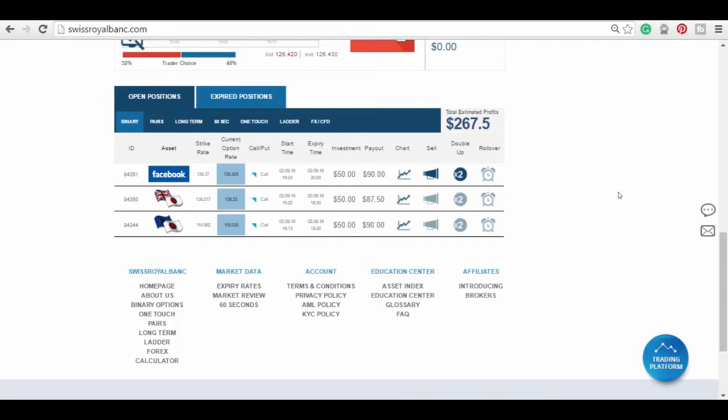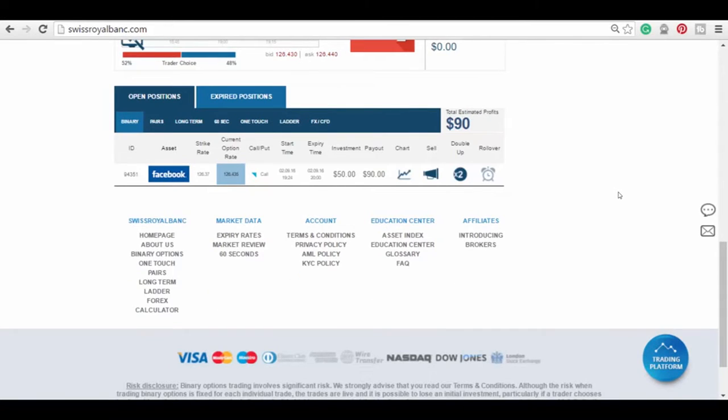Facebook is 20 GMT expiration. So right now we're looking at just Euro JPY and GBP JPY to expire. Both of them ended in profit.